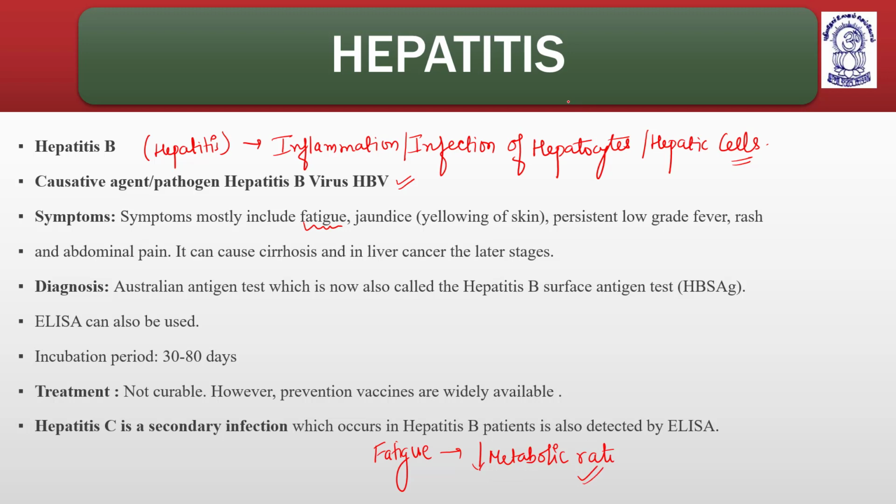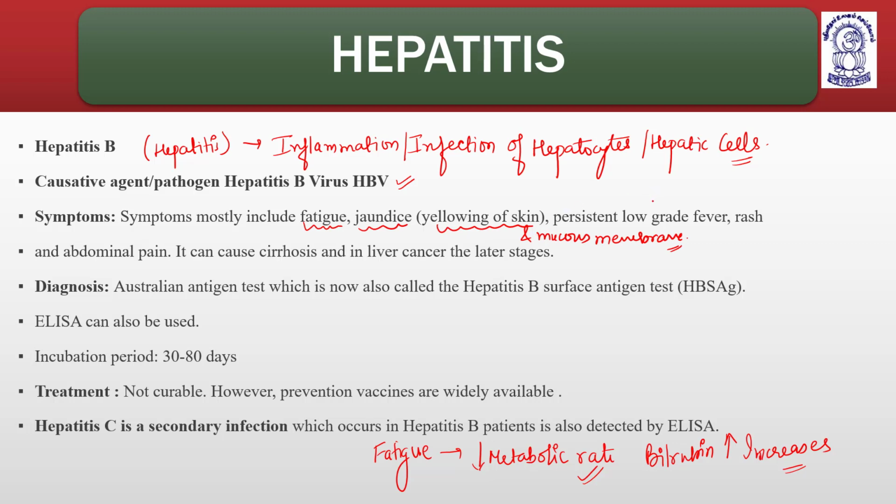As there is an infection of the liver, the bilirubin levels will increase. High bilirubin levels cause jaundice, yellowing of skin and mucous membranes, especially the tip of the nose and the sclera.